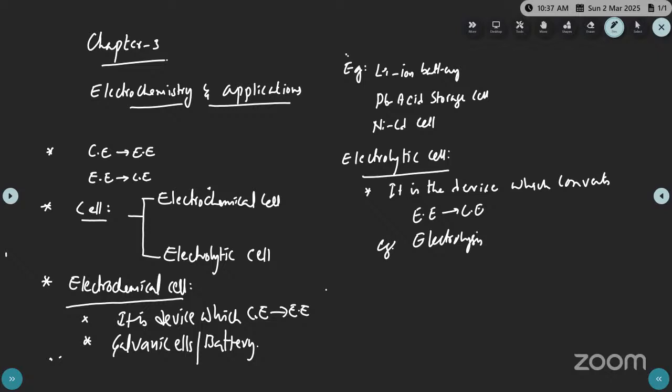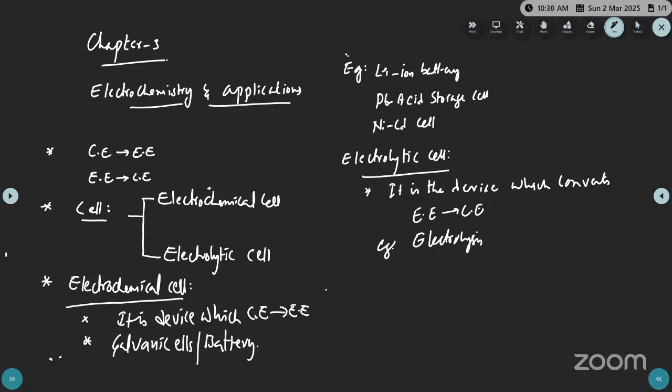Electrolysis is the process of migration of ions towards the respective electrode by applying some current. That current is used to perform the chemical reactions in that cell. That is known as electrolysis. So this is about the electrolytic cell.